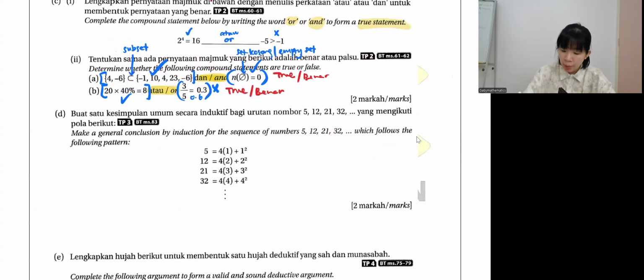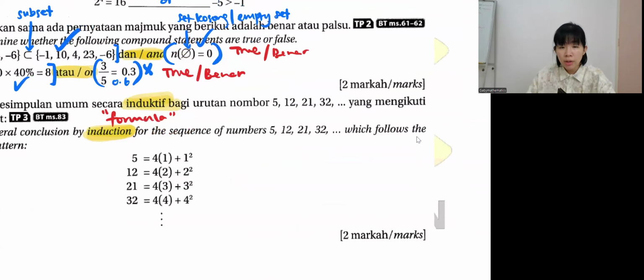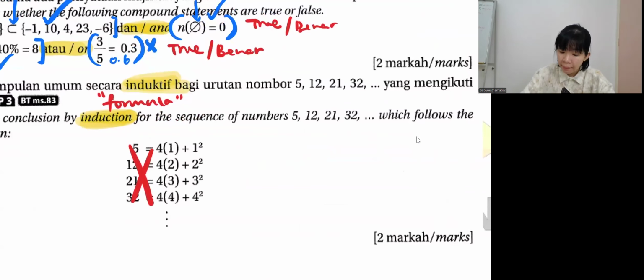Okay, next. Now we make a conclusion by induction. Inductive. Induction is always a formula. Remember, you're going to form a formula. So in order to get 5, 12, 21, 32. Things that repeated, 4 plus and always square, is definitely in the formula.